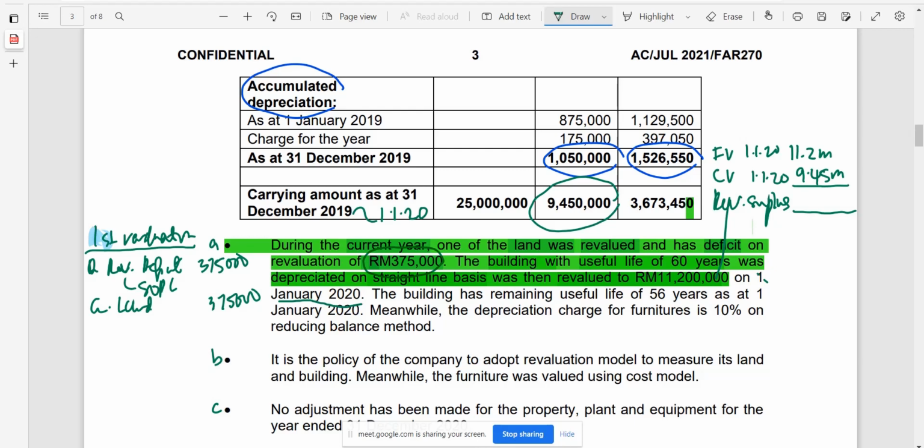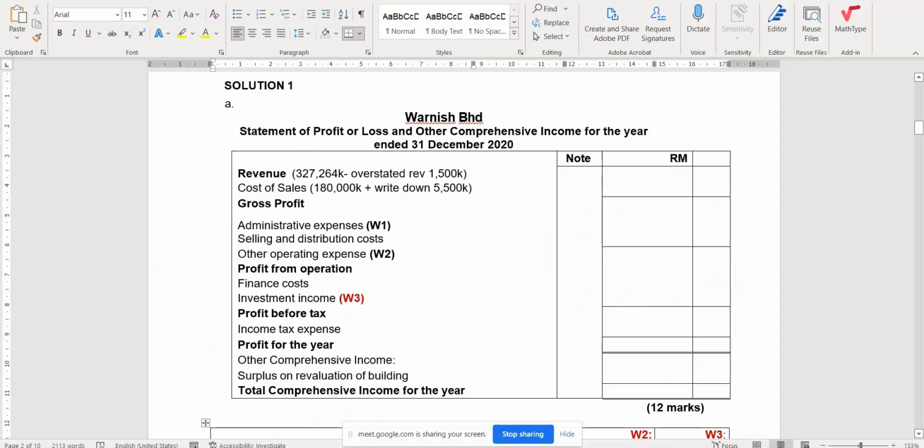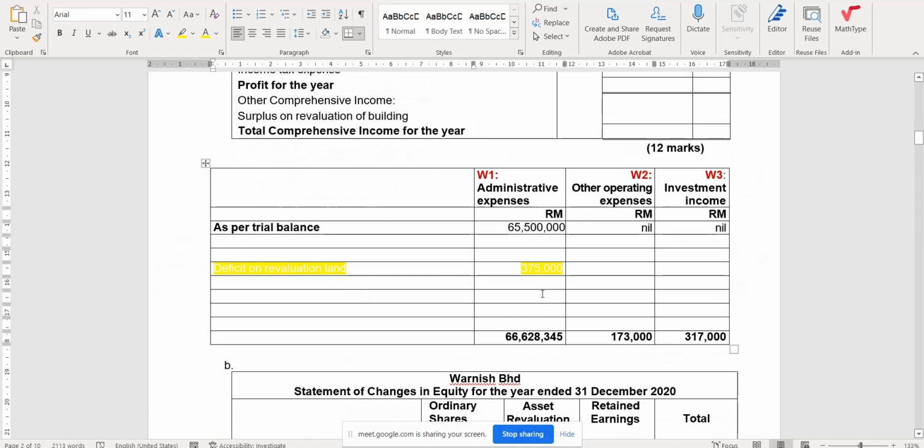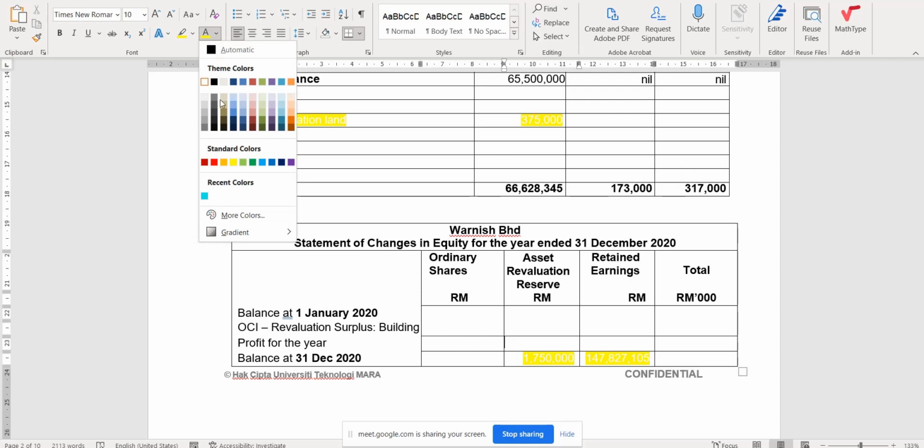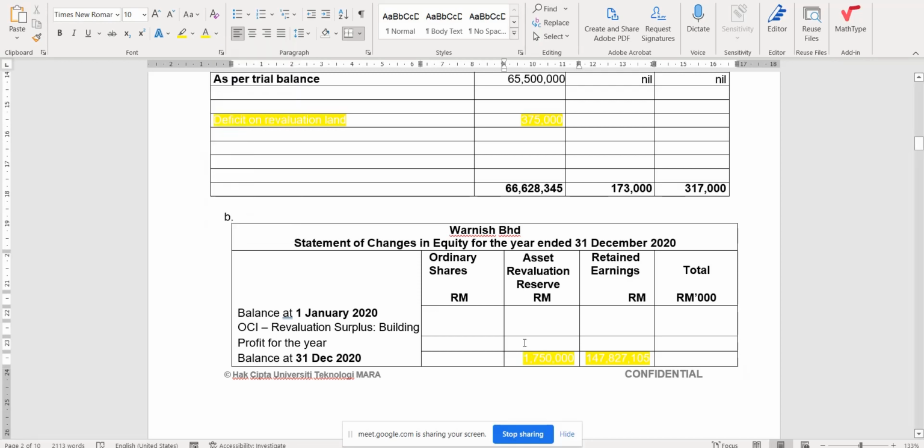How much is the revaluation for your item, building? Hello, class? Am I with you, class?